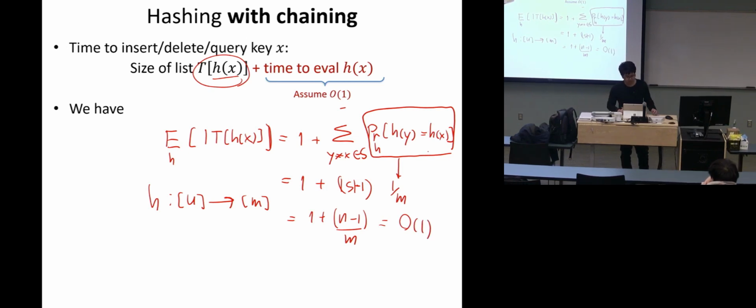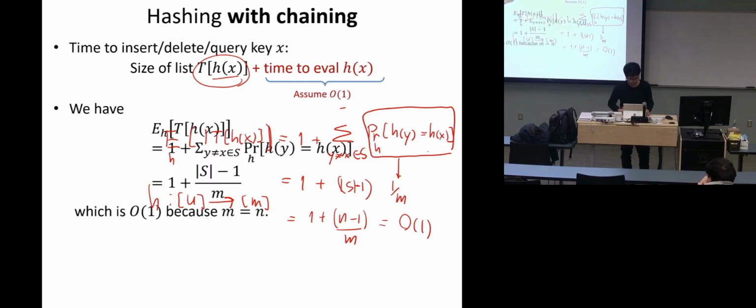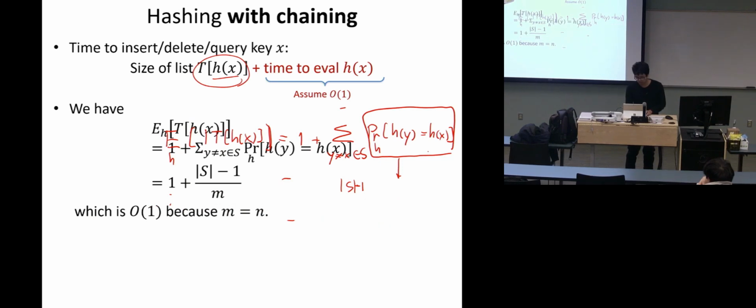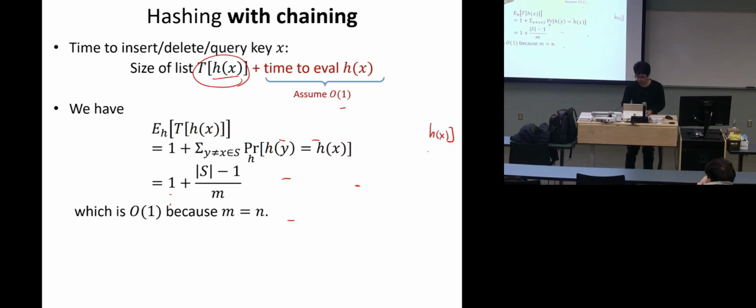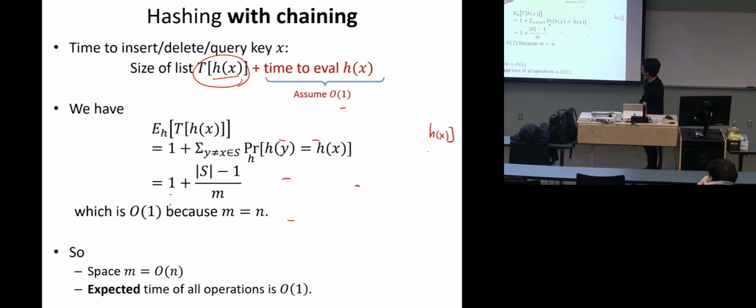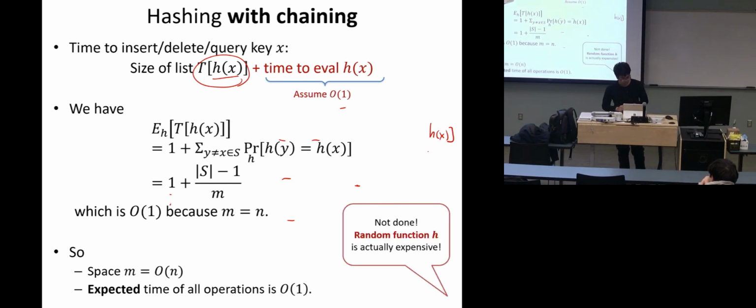So we get that the time for everything is in expectation constant. Super simple. And so you get linear space, and expected time for each operation is constant, except that we assume that you have a random function.